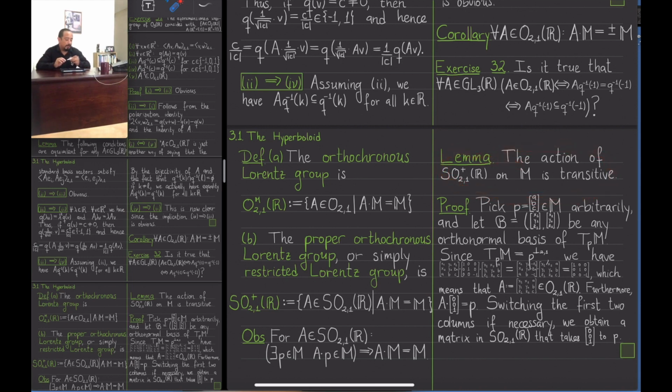If this is really going to be the group of Riemannian isometries of M, and if M is actually going to be a decent Riemannian manifold, it better be transitive, because otherwise there would be special points in M, or points where you cannot move with an isometry. So this action better be transitive because of what I told you is going to happen.